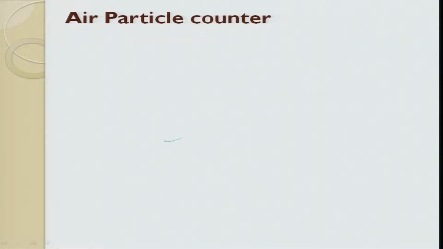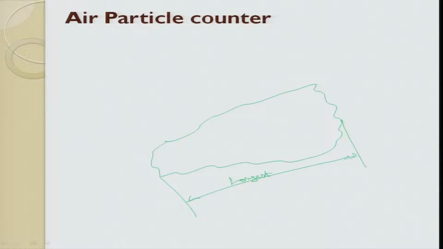So, we have a particle, for example, I take an irregular size of particle here. This is a particle, and in this case this is, I will say, the longest dimension of the particle, right.